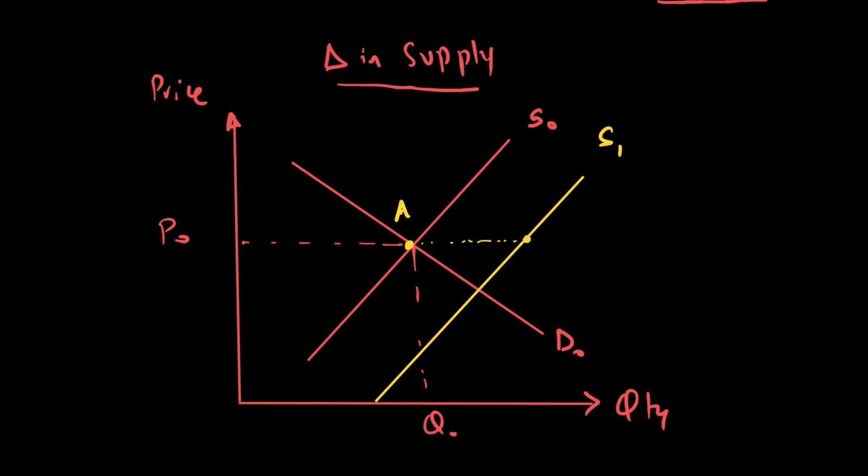Now, this gap is where I'll find out that my quantity supplied is more than quantity demanded at the market going price. So at that market going price, since the quantity supplied is more than quantity demanded, we will have what we call a surplus or excess supply, and this surplus will lead to what we call a downward pressure on prices. The prices will start to fall for this good.